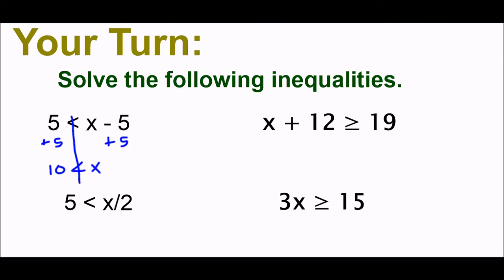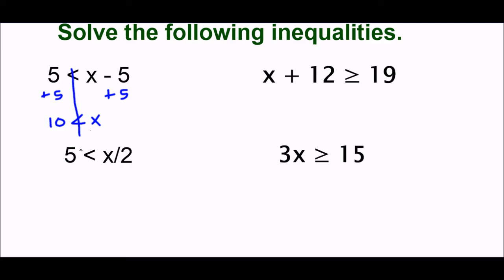I'll do this one next. So I've got 5 is less than x over 2. So I undo this divide by 2 by multiplying. And so, conveniently, again, I get 10 is less than x. Well, that's kind of funny. Over here, I have a plus 12, so I need to undo plus 12 with minus 12 on both sides.